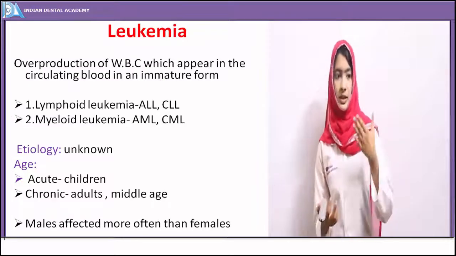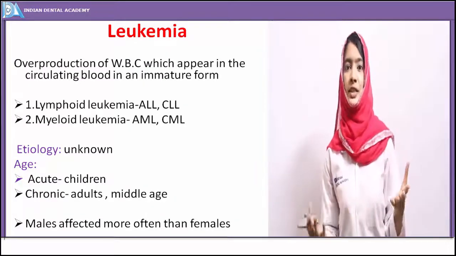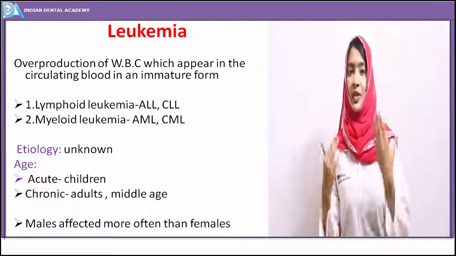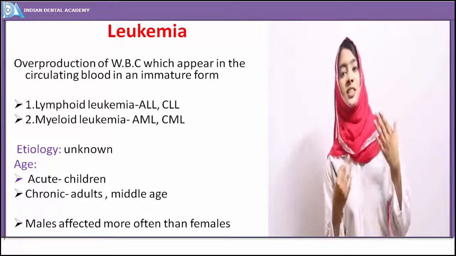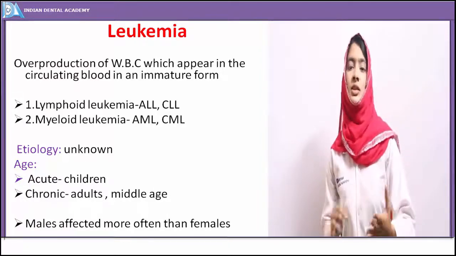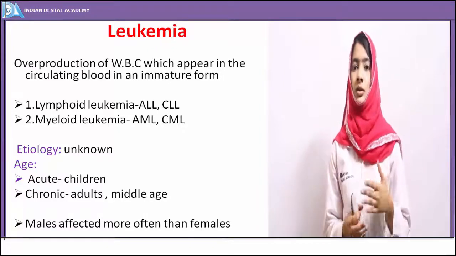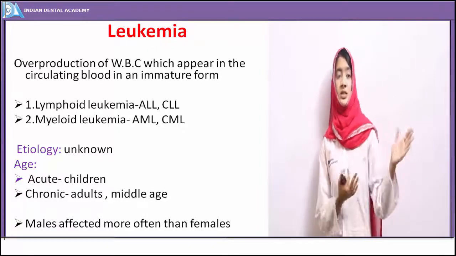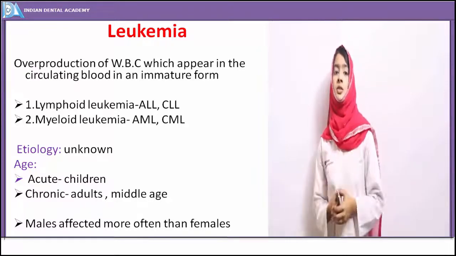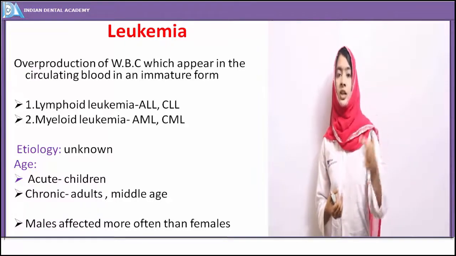So that's about cyclic neutropenia. Because it has varied manifestations, there is nothing like a treatment for it; it is not treatable like that. So these neutropenic syndromes are the ones which show reduction in WBC.